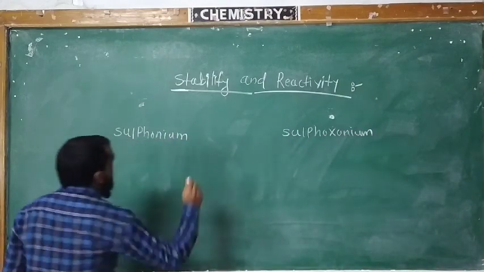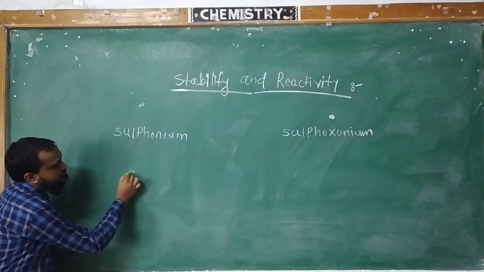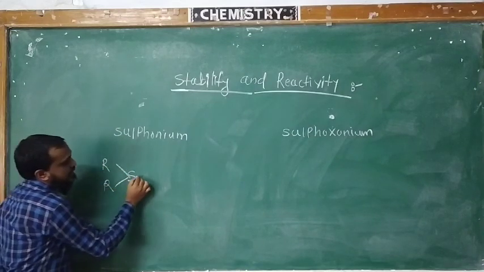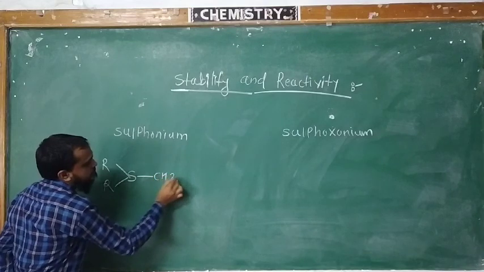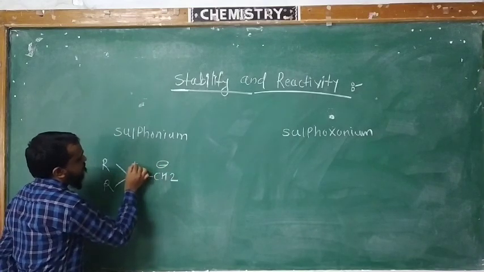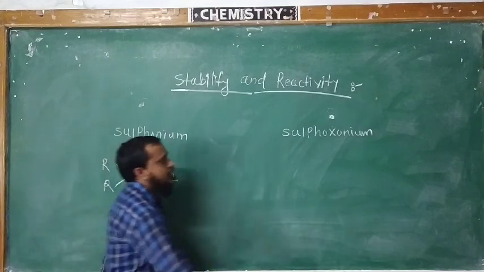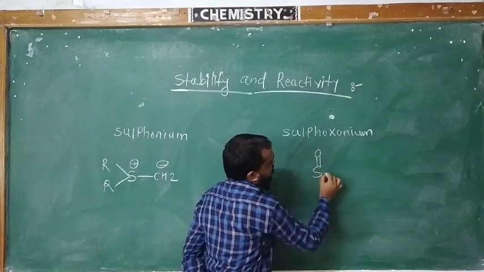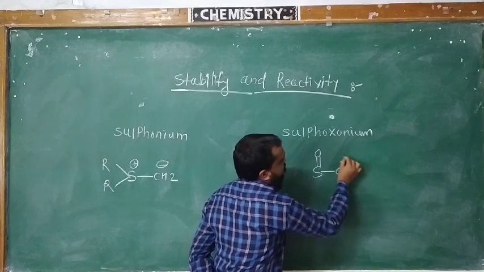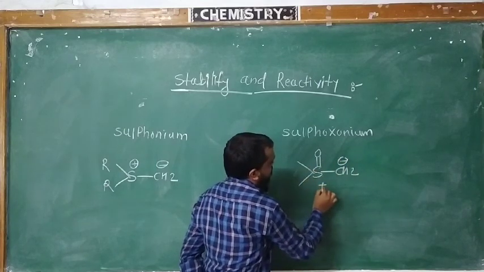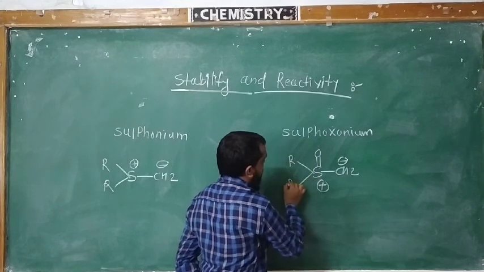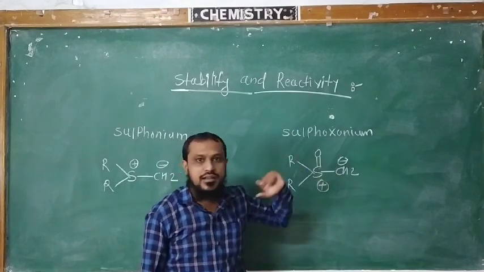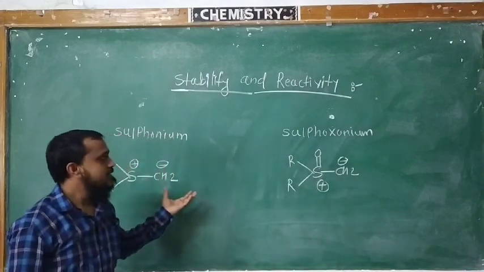Now the general structure of sulfonium ylide is like that. Okay, and sulfoxonium ylide, this is the general structure of sulfoxonium ylide. These are the two types of sulfur ylide.